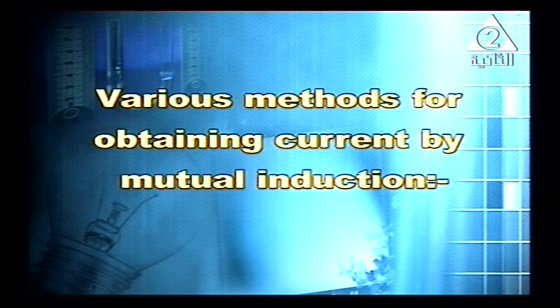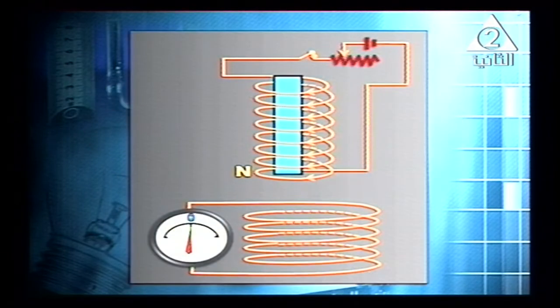Now talking about the various ways of obtaining current by mutual induction. In front of you we've got two circuits, one which is the primary circuit, which consists of a battery, switch, rheostat, and a coil. And inside the coil there is a soft iron core.